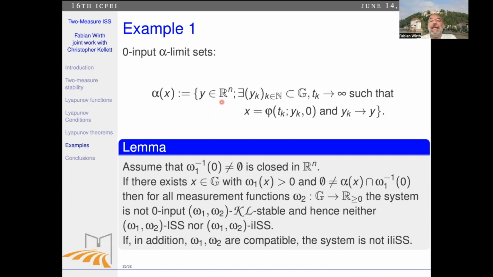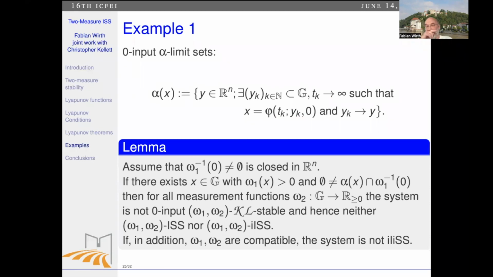That's the point y in R^n with the property that we have a sequence of t_k's that go to infinity, such that the sequence y_k converges to y, and x is always the solution that if I start in y_k, this is all for zero input, and go t_k time steps forward, then I end up in x. Another way of saying this is, if I am in x, the solution actually exists backward in time until t_k and is then at y_k.